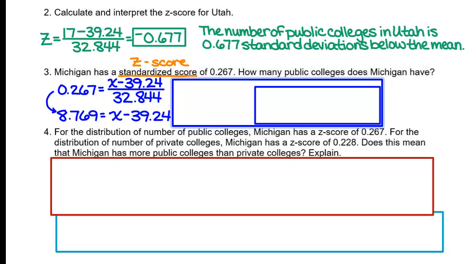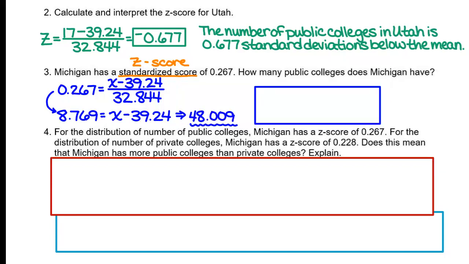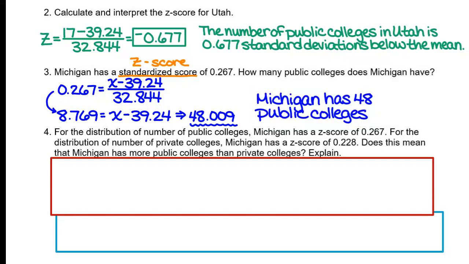That's just timesing by my denominator. And then you add the mean, the 39.24, to both sides so that we get x all by itself. And you come up with what? Yeah, I got 48.009. We can't have 0.009 of a college. So how many colleges do they have? 48. We're going to round that just to 48. Michigan has 48 public colleges.